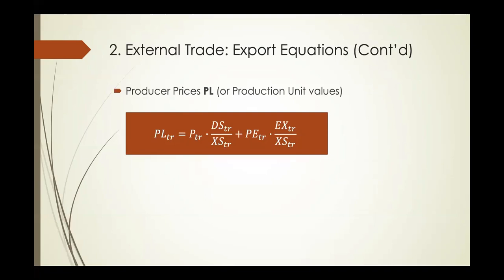Local price P is weighted by the share of local sale DS of the total supply XS, and the foreign price PE weighted by the share of foreign sales EX of the total supply XS.